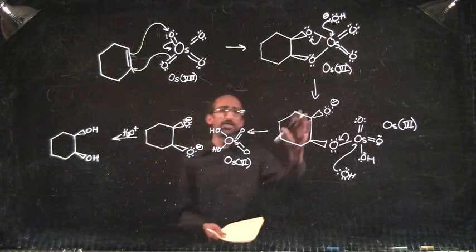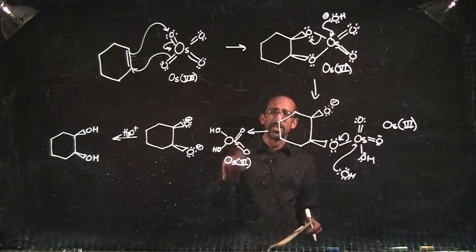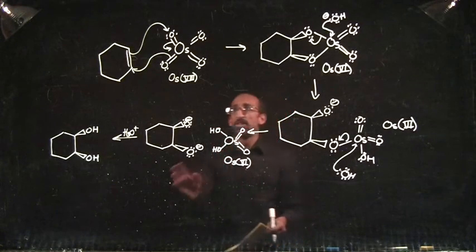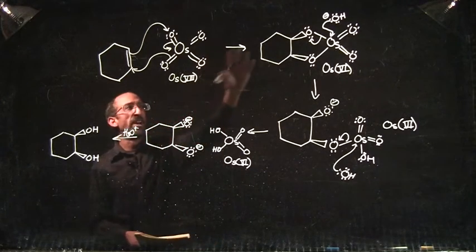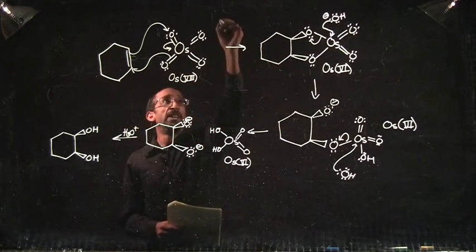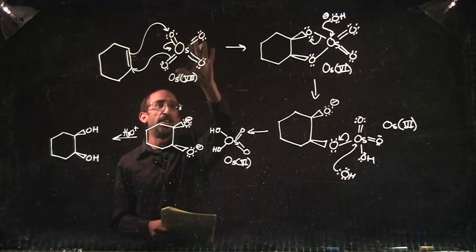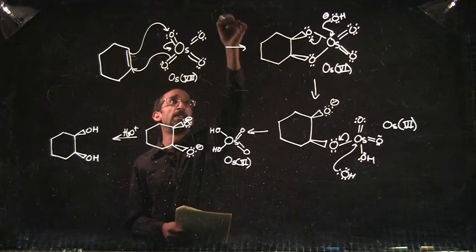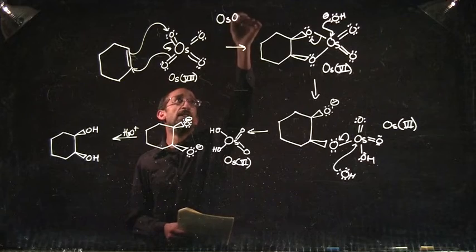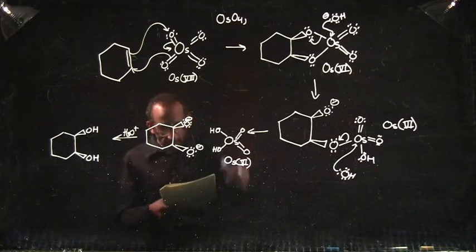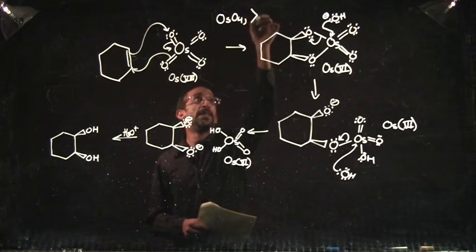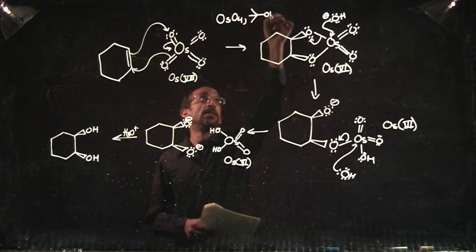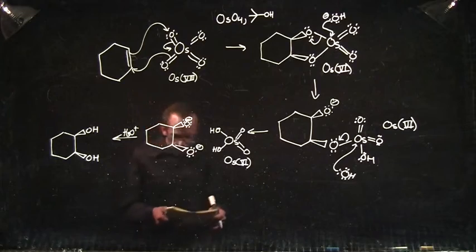I've only shown you 2 of the reagents that actually go into this reaction. What you need to know is that it's not just OsO4 and hydroxide. We need to have osmium tetroxide, OsO4, and in addition to that, tert-butanol, which is going to be our solvent for the reaction.